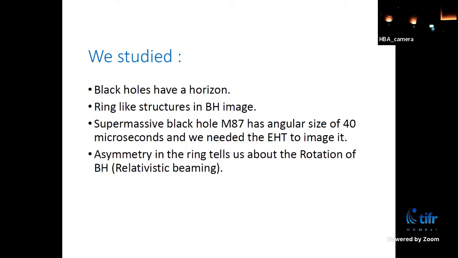Then we discussed the angular size of the M87 black hole, and we needed something like the Event Horizon Telescope, which consists of radio telescopes spread all over the world, to resolve this kind of size. Once we saw the image, we tried to understand how it is related to the mass of the black hole and how the asymmetry is related to the rotation of the black hole. Thank you for listening.